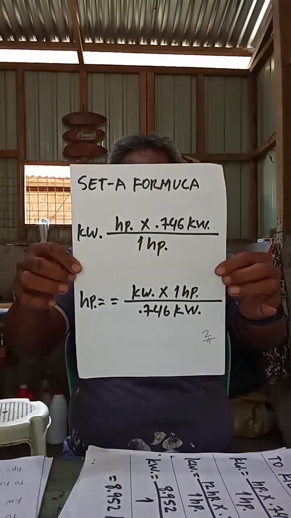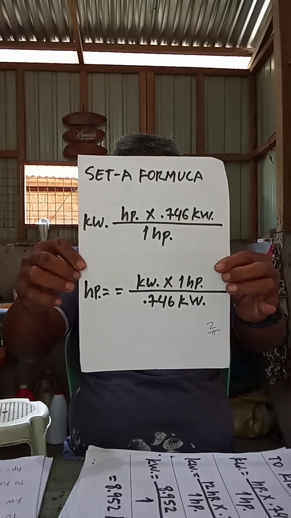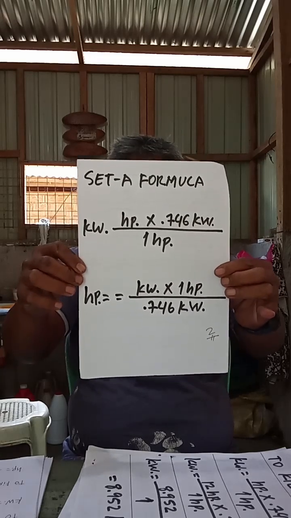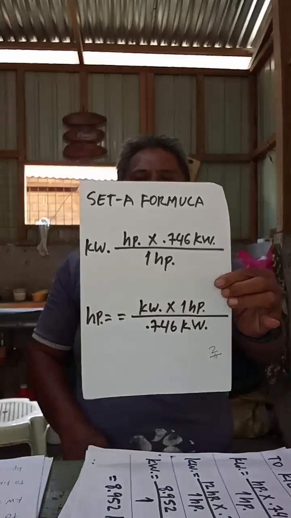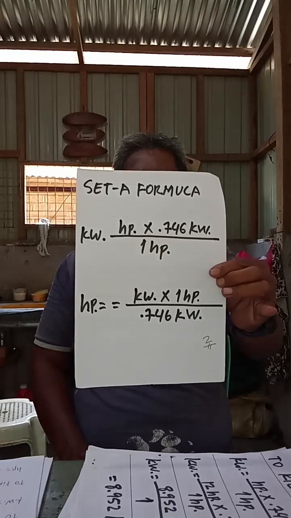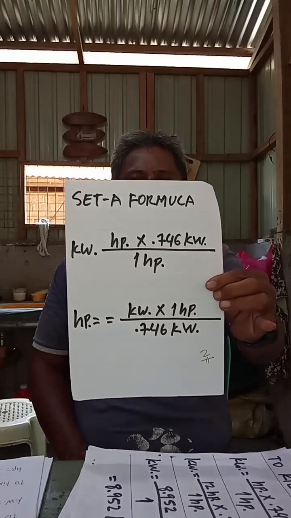To find kilowatt is horsepower times 0.746 kilowatt over 1 horsepower. Then, to find horsepower is kilowatt times 1 horsepower over 0.746 kilowatt.